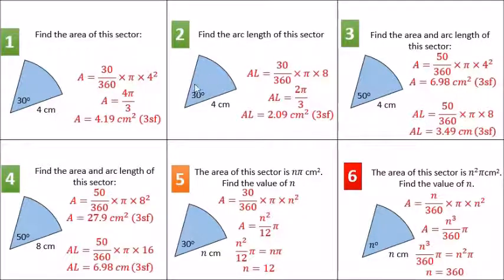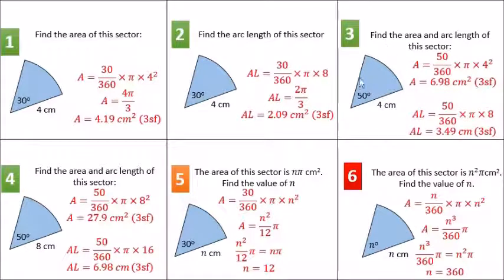For question 2, we have an angle of 30 degrees again, so 30/360ths. Our diameter is 8, so the arc length is 30/360ths multiplied by pi times 8, pi d, which is 2 pi over 3, which is 2.09 centimetres.